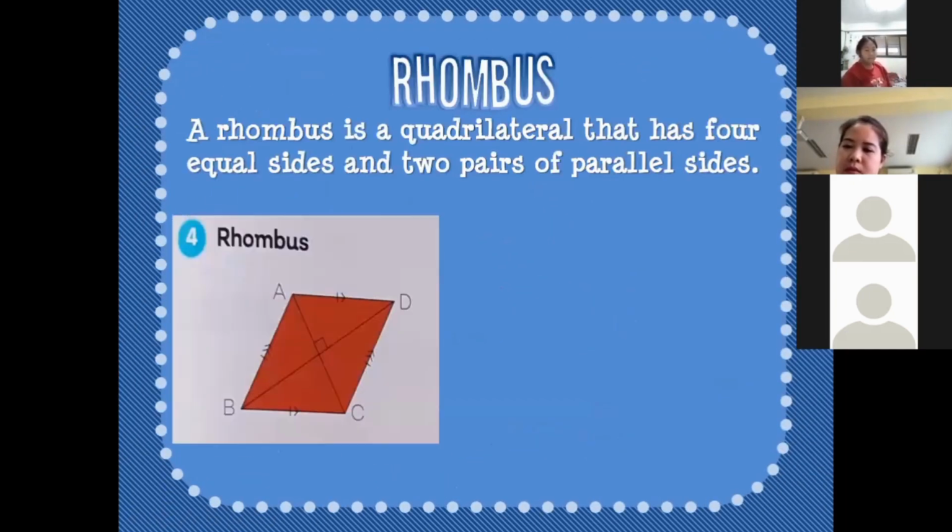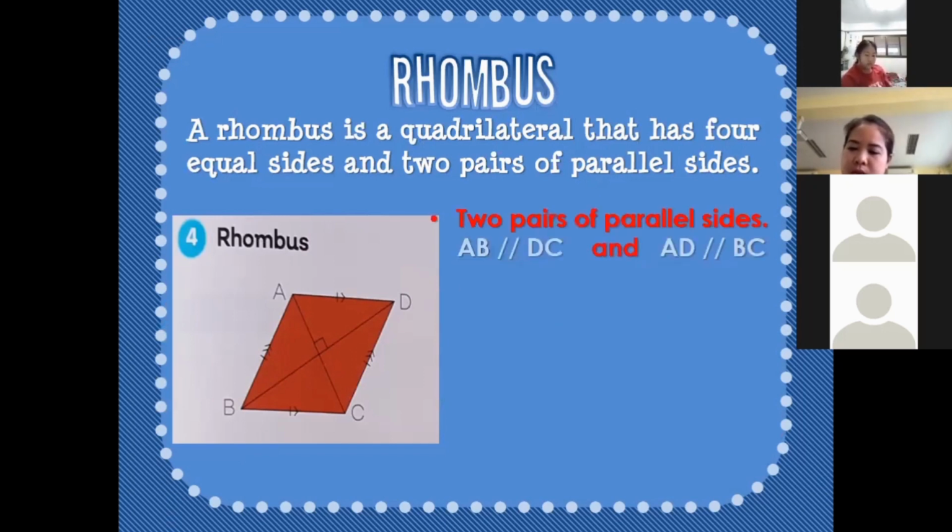Next, rhombus. A rhombus is a quadrilateral that has four equal sides and two pairs of parallel sides. If a parallelogram is a sideways rectangle, then a rhombus is a sideways square. They have two pairs of parallel sides, AB parallel to DC, and line segment AD parallel to BC.